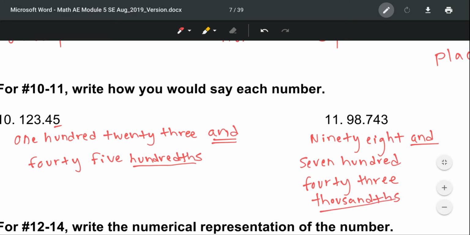Okay, so since the last digit of 3 ends in the thousandths place, then that's the word that you would have to write out at the end.